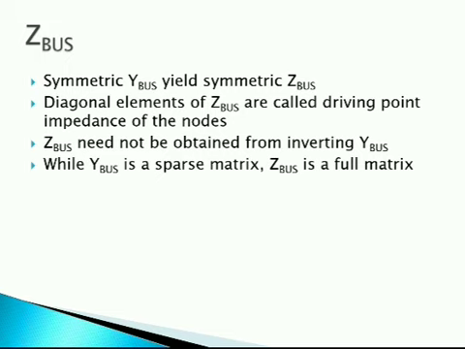Let's say only 50 of them, or let's say 100 of them would be non-zero, and the rest of them will be zeros. But in case of Z bus, all of the elements would be non-zero. So that becomes easier for us to calculate, and even for computers to calculate and do other manipulations.